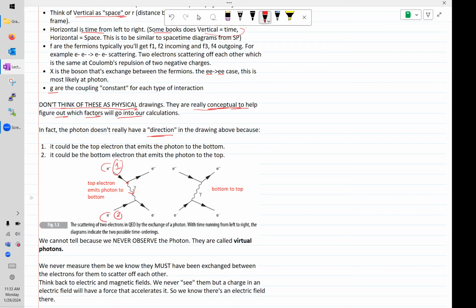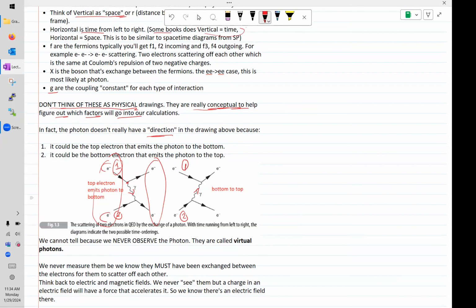So you have some initial state with two electrons coming in, and two electrons coming out. You never really observe the photon between them, because if you observe the photon between them, you actually interrupt that interaction. The bowling ball got captured between the two. What could have happened is that maybe electron number 2 is the one that emitted the photon and shot it out to electron number 1.